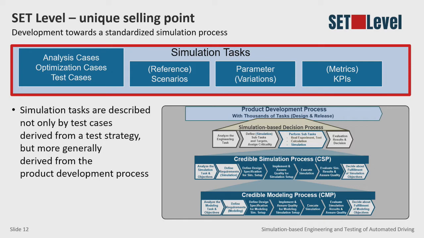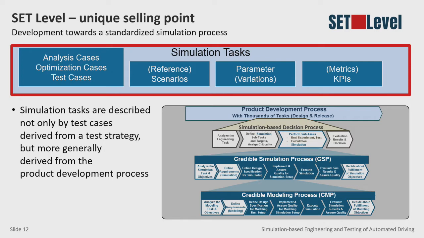As a starting point, we need an analysis of the engineering task based on requirements. The test cases must be specified and modeled, and the expected results must also be described and modeled in terms of evaluation modules to prepare decisions. So this is called the first level of the simulation-based decision process.